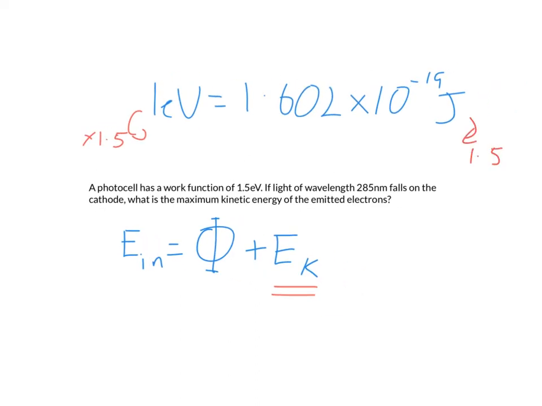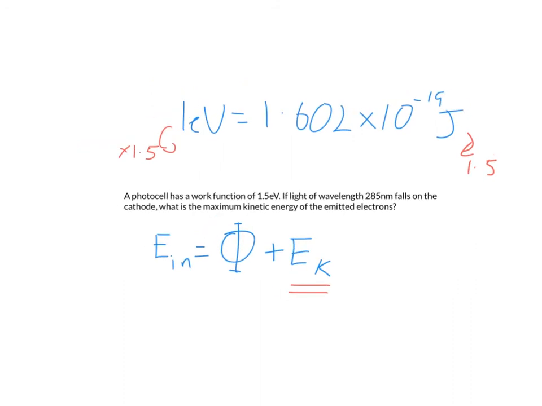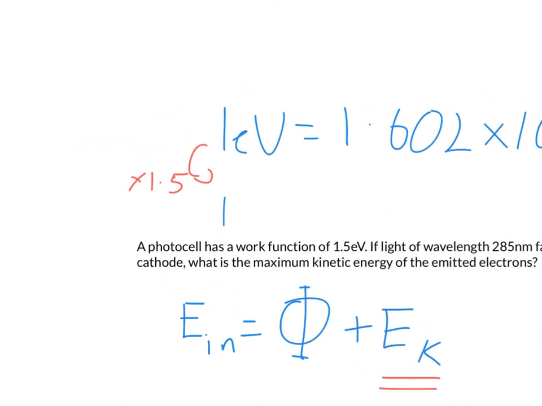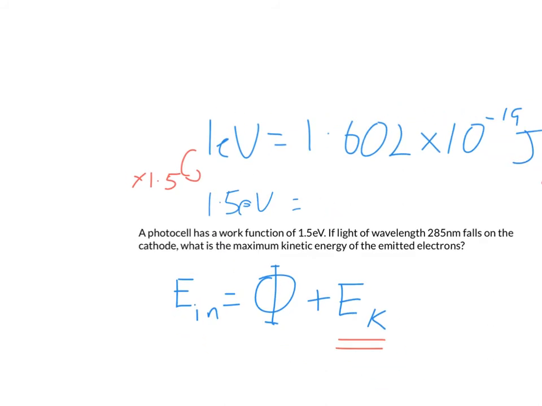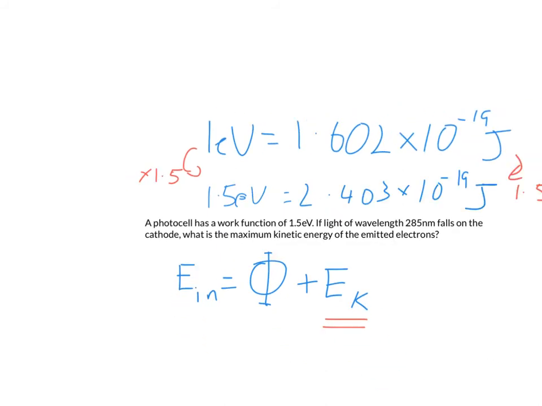This will keep the ratio the same, but will let us know what 1.5 electron volts is in joules. Multiplying the left hand side, we get 1.5 electron volts, which is what we were after. Multiplying the right hand side, we get 2.403 by 10 to the power of -19 joules.